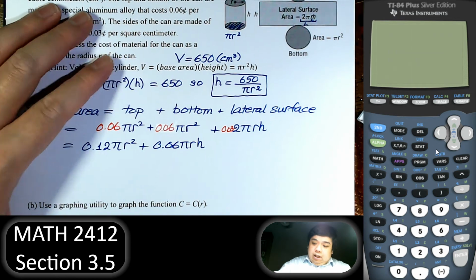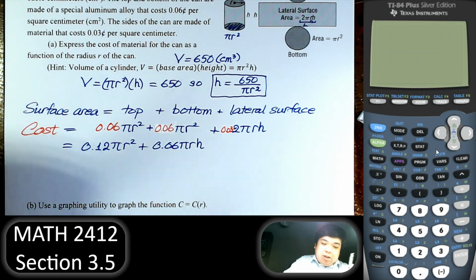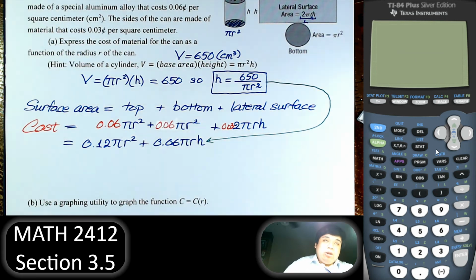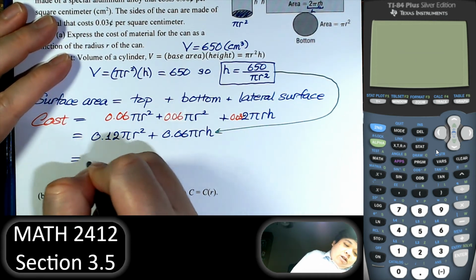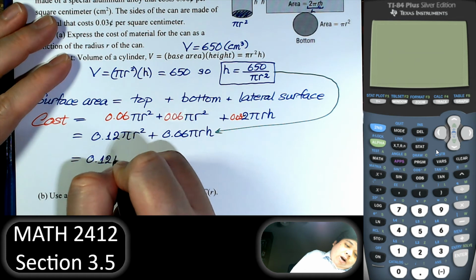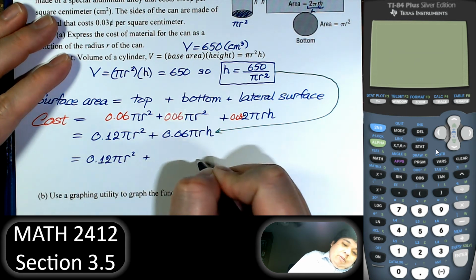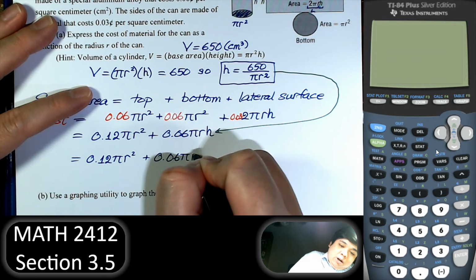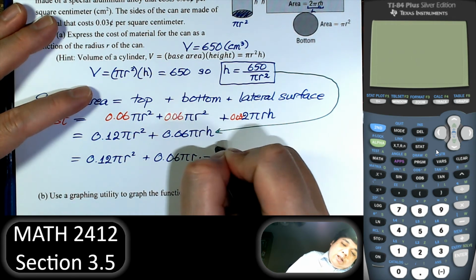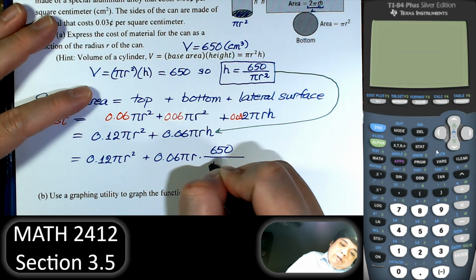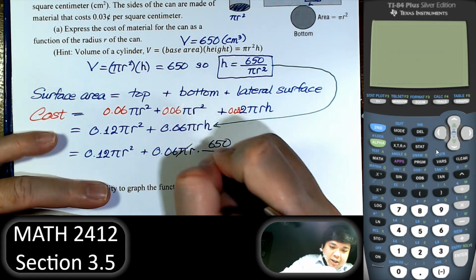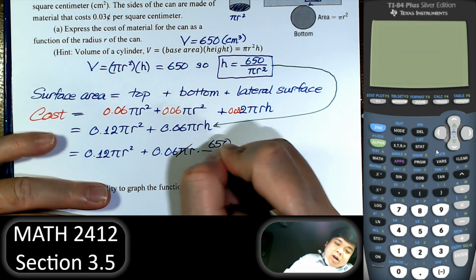Right. And then we will substitute that into h. So the cost function is 0.12 pi r square plus 0.06 pi r times 650 divided by pi r square. Cancel out a pi, cancel out one of the r.